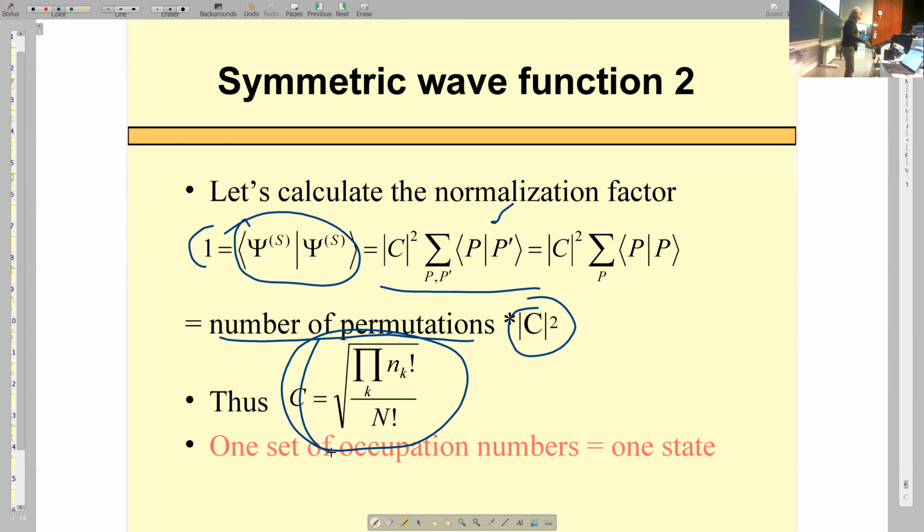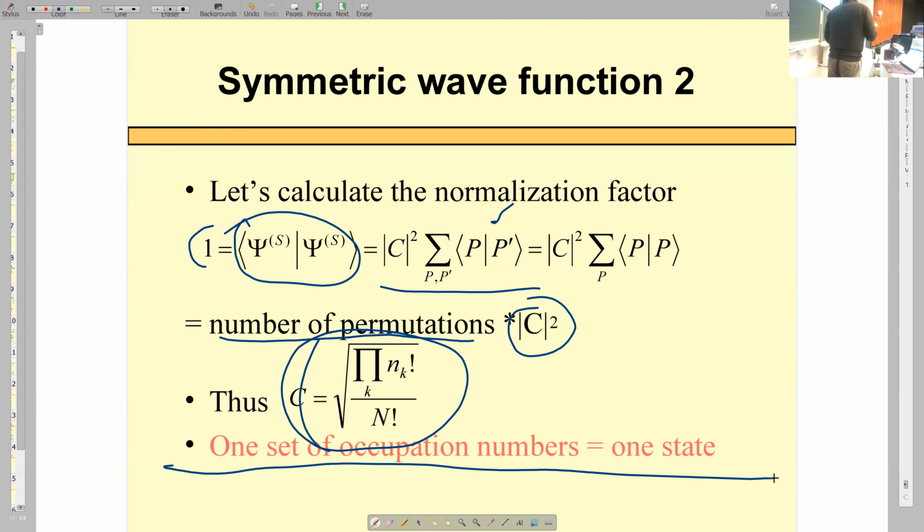But we have a problem: to describe the quantum state of this table is impossible. Good. So we have normalized and symmetrized the function, and from the plenty we got just one, which leads us to an important conclusion: one set of occupation numbers corresponds to a single, unique state, which is properly symmetrized.